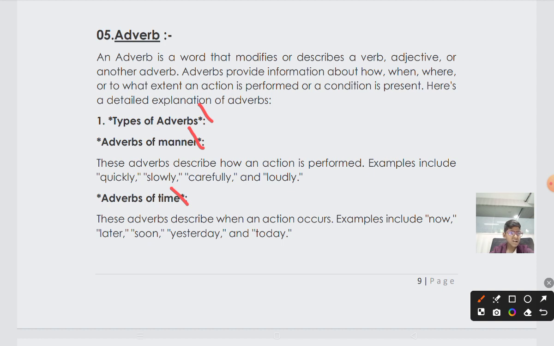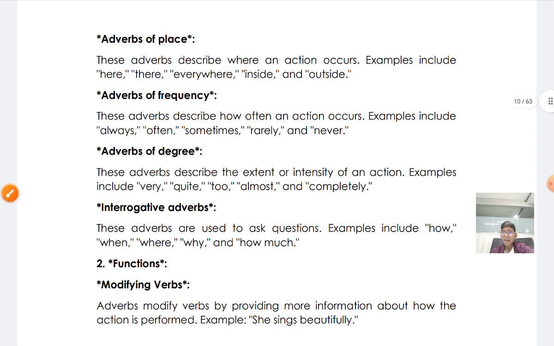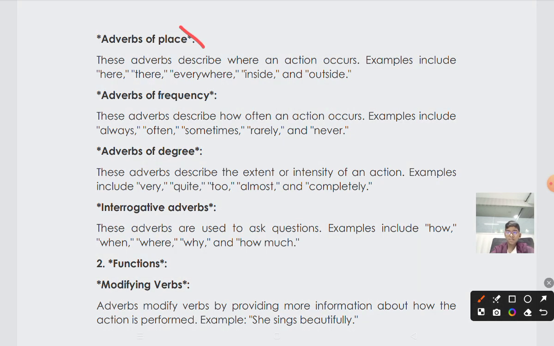Examples include now, later, soon, yesterday, and today. So next we are going to look at adverbs of place. These adverbs describe where an action occurs. Examples include here, there, everywhere, inside, outside.